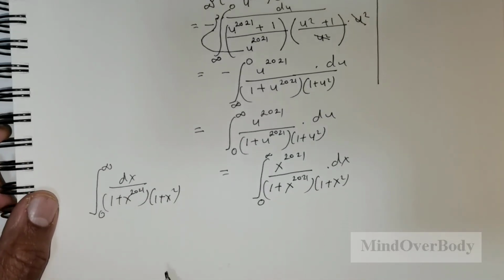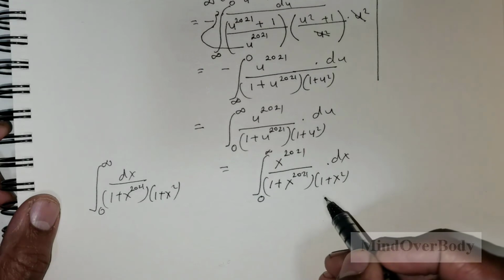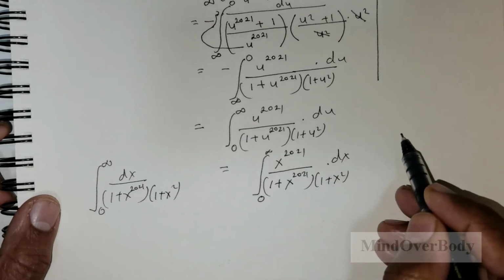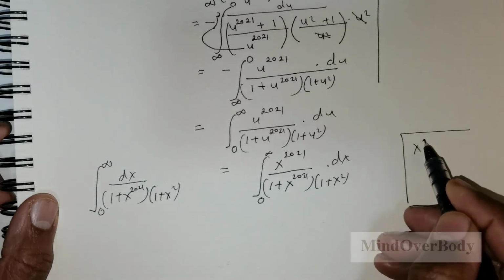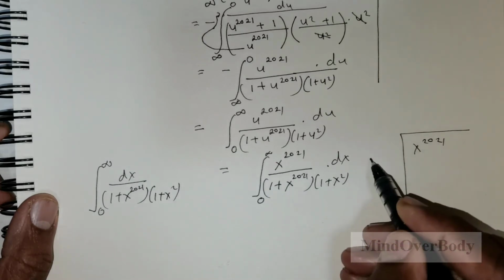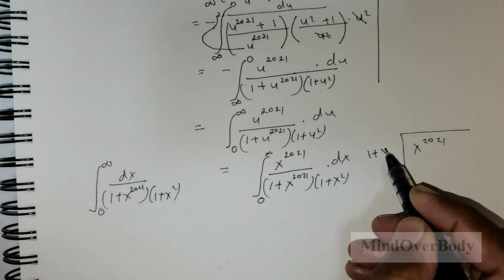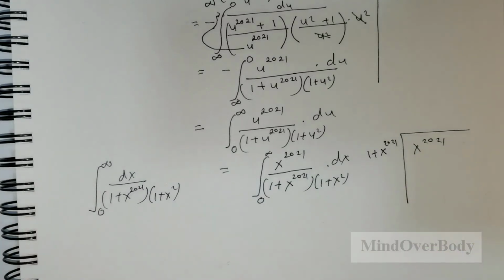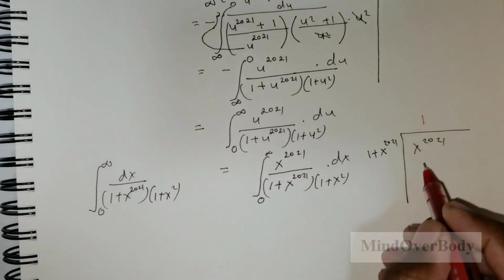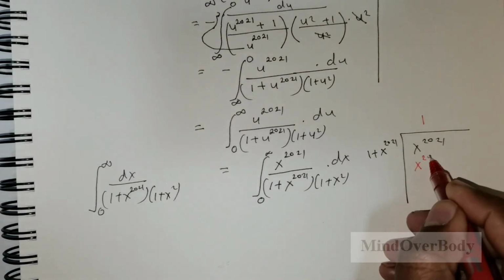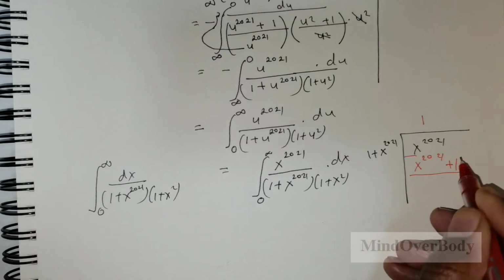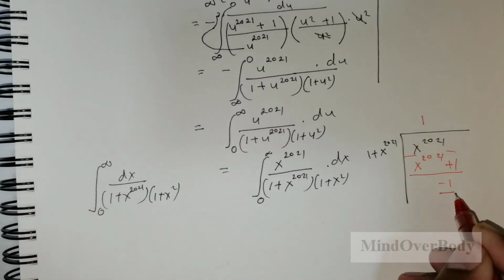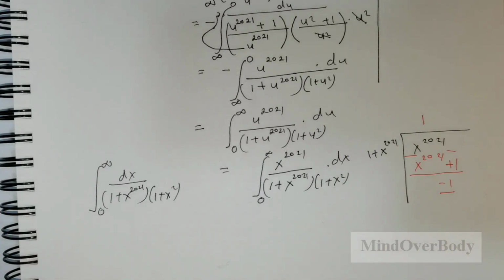Now our objective is to solve for this integral and obtain its value. What I'm going to do is divide x^2021 by 1 + x^2021. When I do that, I get 1 as the quotient, and x^2021 + 1 subtracted leaves a remainder of negative 1.